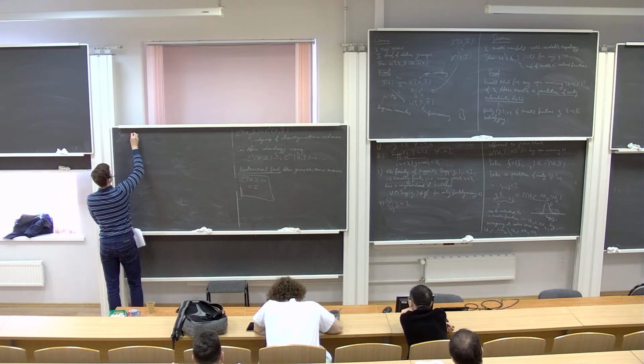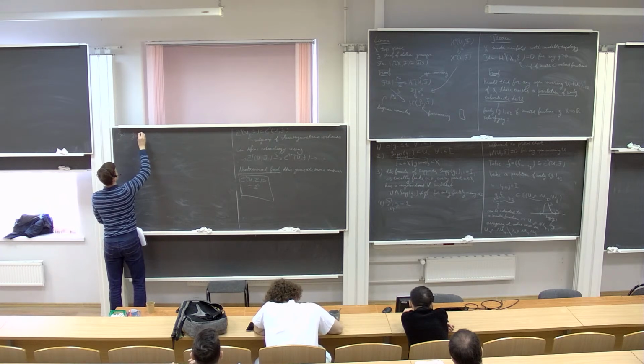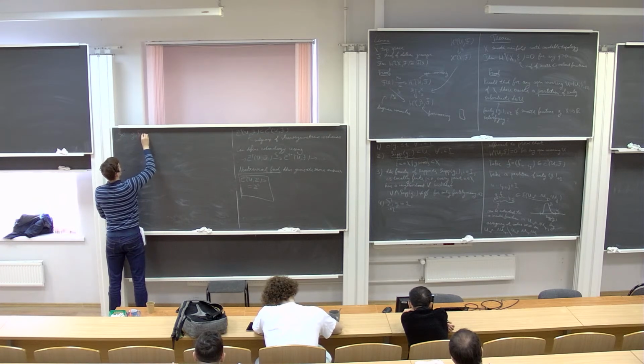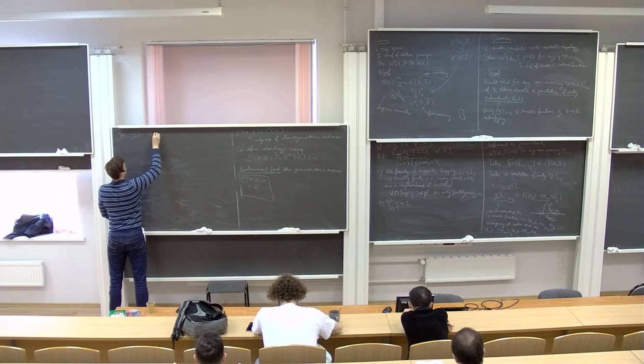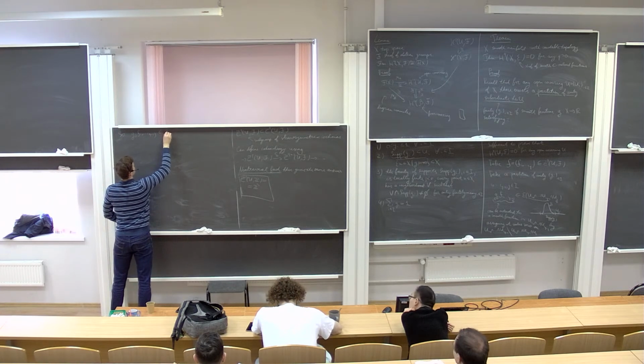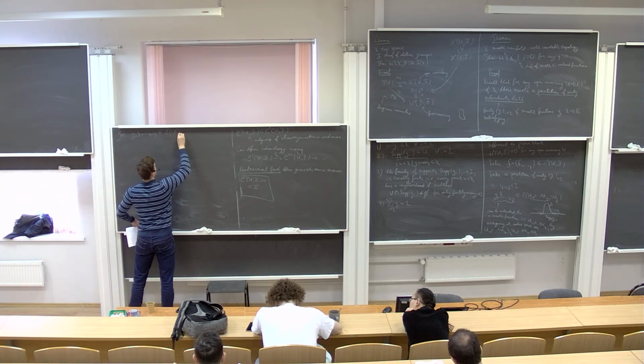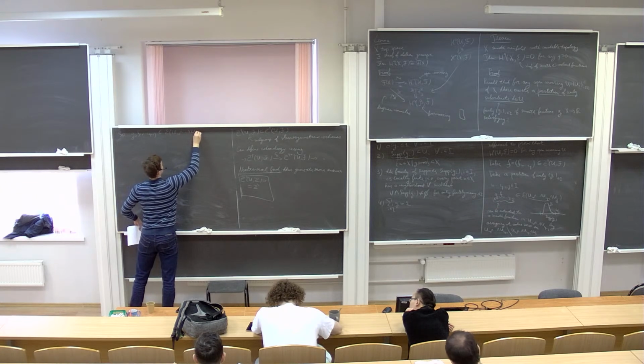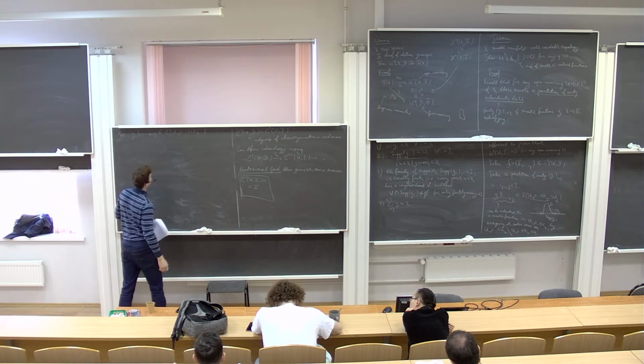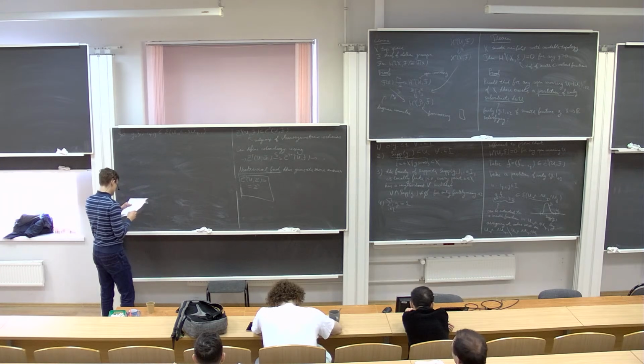So we will write that g_j f_{i_0...i_{q-1} j} is actually a smooth function on U_{i_0...i_{q-1}}.